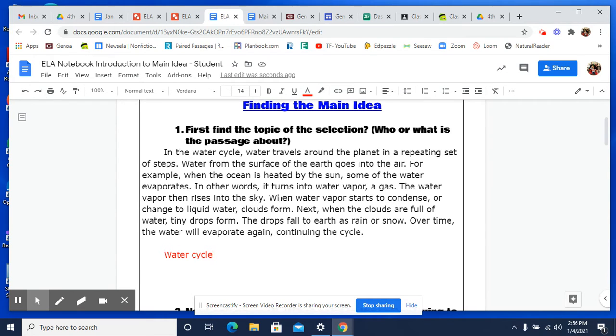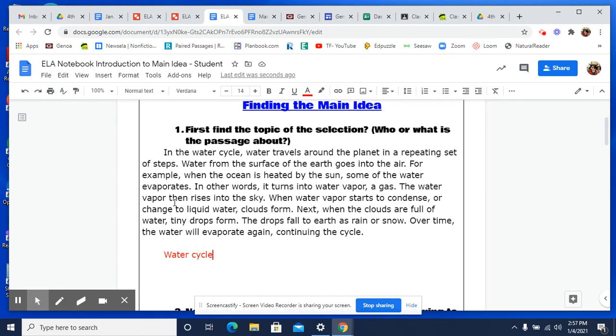So first, right, the water from the surface, it goes into the air. And then it gives an example of that. When the ocean is heated by the sun, some of the water evaporates. So it's talking about evaporation there. And then it gives more details there about turning into water vapor. And then it goes into what happens after it's water vapor.